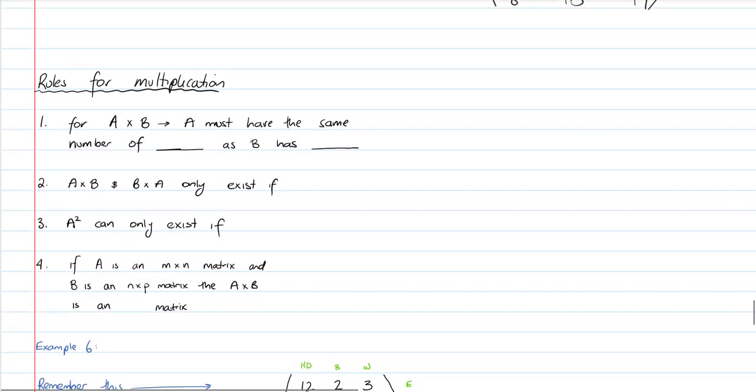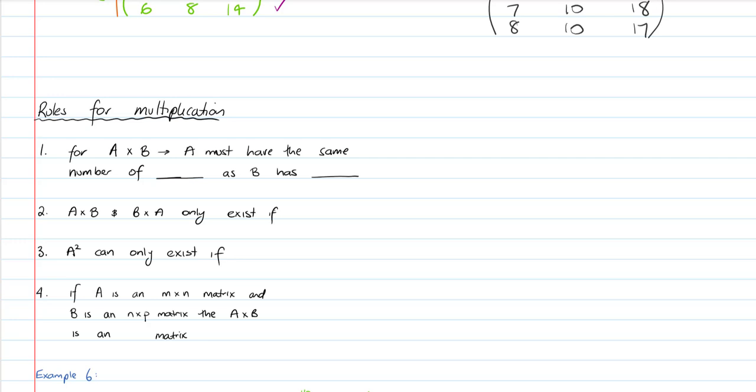Alright, let's have a look at the last thing I want to talk about in this video. That's the rules for multiplication. So for A times B, A must have the same number of columns, that's the second dimension, as B has rows. It's really important. So the second dimension of the first matrix must be matching with the first dimension of the second matrix.